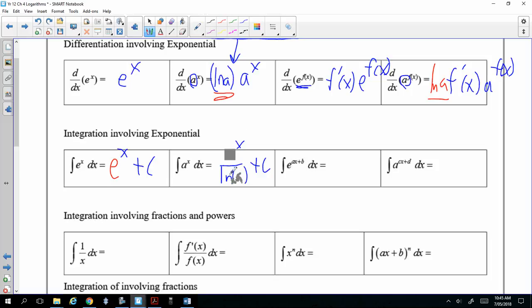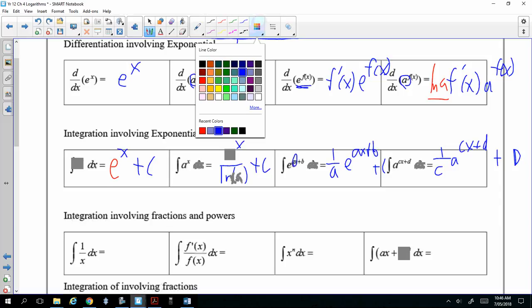This one you just do 1 over a, the coefficient of x, right? e to the power of ax plus b, plus c. And if it's another base, you do the same thing: 1 over c, a to the power of cx plus d, plus, maybe we have to use another constant d, and then you write that over ln a, an extra ln a, like we did here. Okay, very similar.